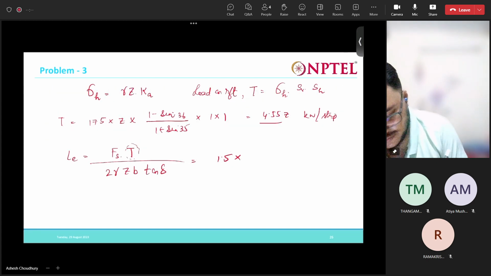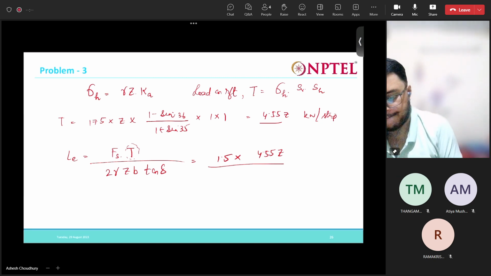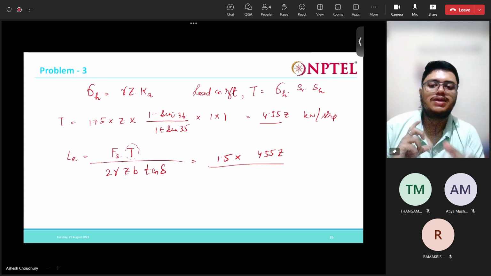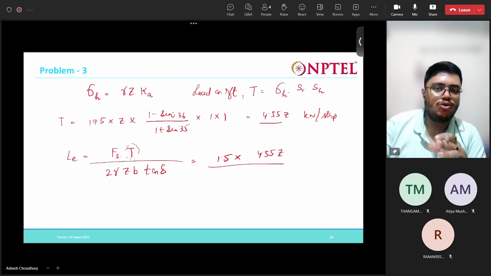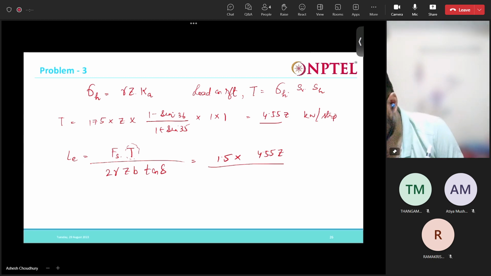So in place of T, we put that. Here we are providing the spacing and the length, calculating in such a way that both of these satisfy the load. This is the rupture criteria and the pull out criteria.